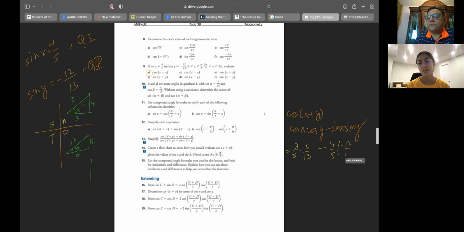Do you see that value? So you can now combine, and you know the common denominator is 5 times 13, so it's 65. And here we have 15 plus 48, since minus times minus gives plus, and 4 times 12 is 48. And you can add these, right? And then you get your exact value. Multiply.